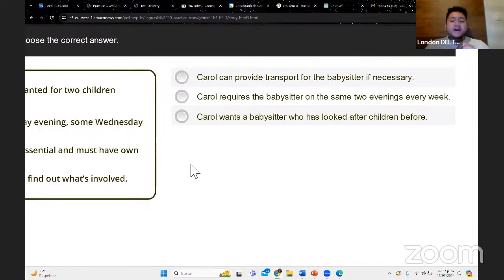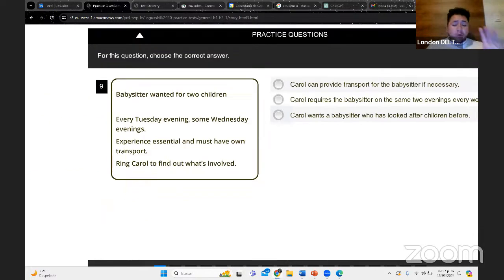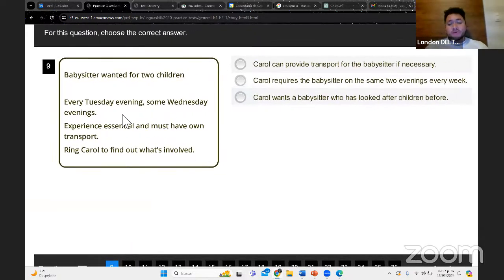So be aware that you don't choose an answer that has either contradictory or no information given, right? We cannot suppose or understand something that is not in the text. All the information that you need is here, and you need to be able to get the principal points.